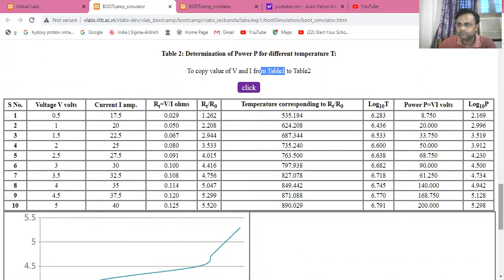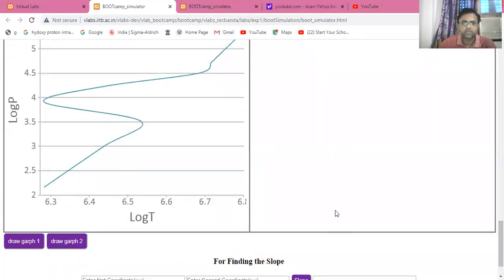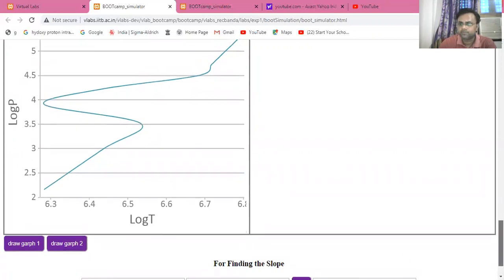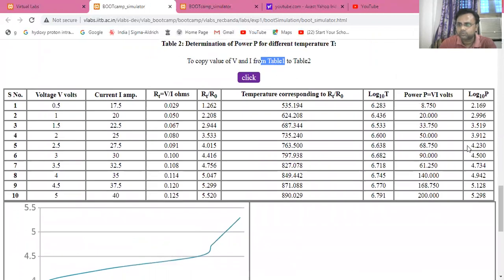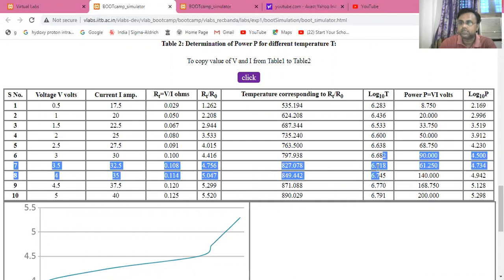Here in the graph log T is decreasing, at 6.5 and then going to 6.3. But our log T after 6.5 has not decreased; it has kept increasing.